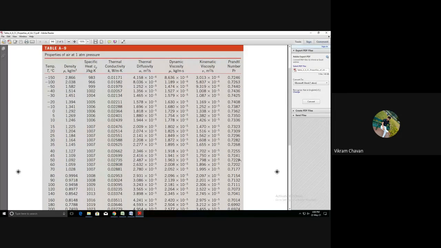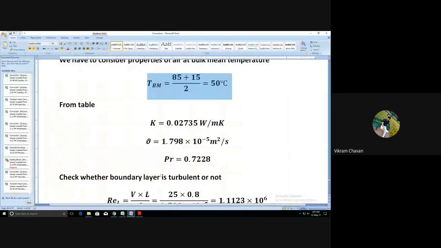At 50 degrees Celsius, the Prandtl number is 0.7228. Okay, that is how to get the properties of air from the table. We require only three properties.